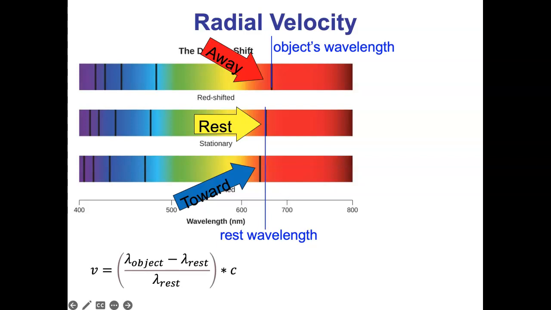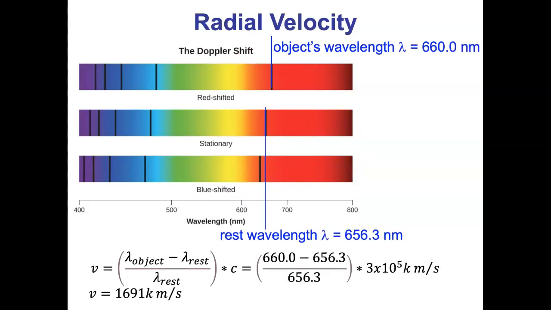Okay, let's see an example here, right? Let's say you look at a star and you look at the spectrum and you go, well, those are the hydrogen lines, same as always, but they've been shifted. So let's measure. Let's say that my star has that same hydrogen line, except now it's at a wavelength of 660.0 nanometers.